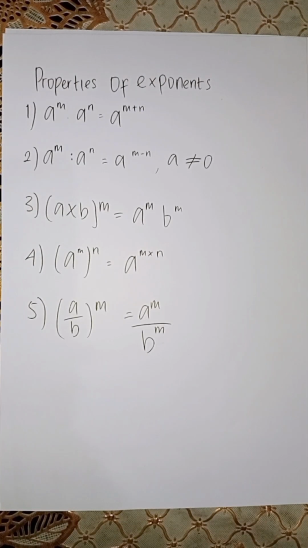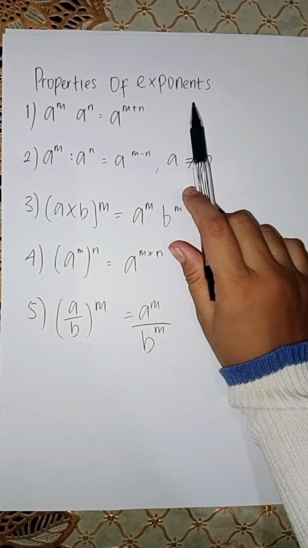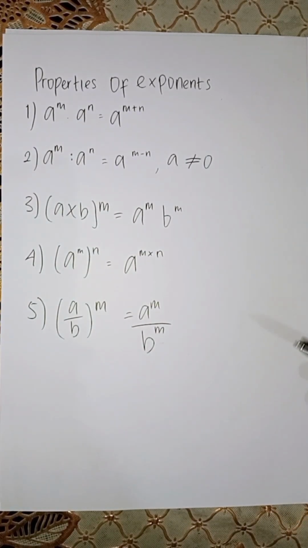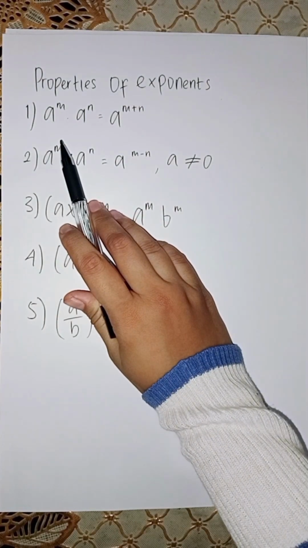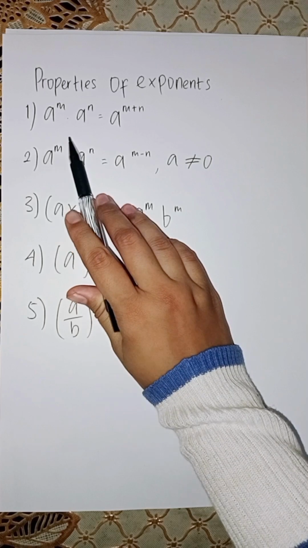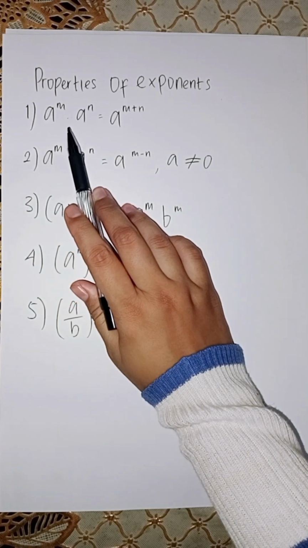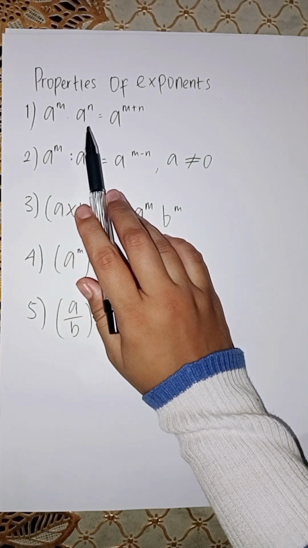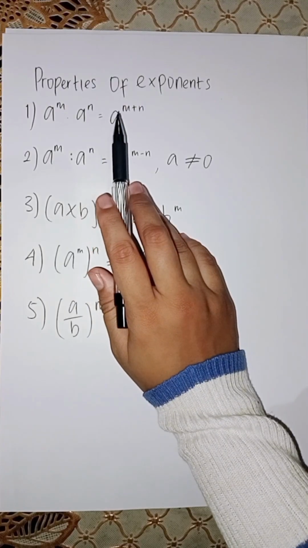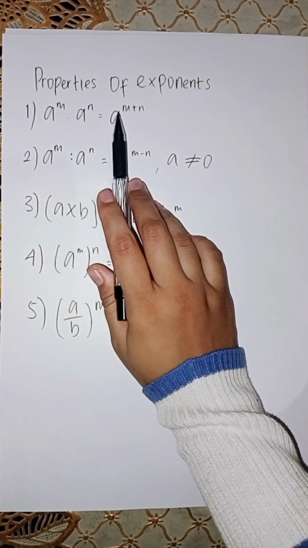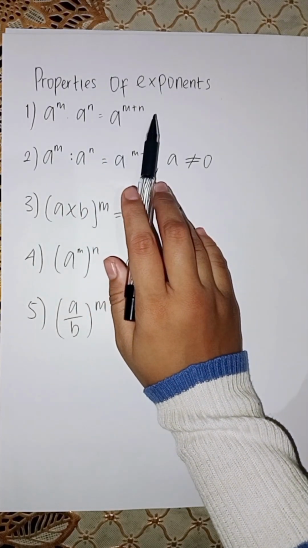Next, we'll look at the properties of exponents. There are properties we can use to simplify algebraic calculation. The first property is multiplication. If we have a to the m times a to the n, the result is the same as a to the m plus n.